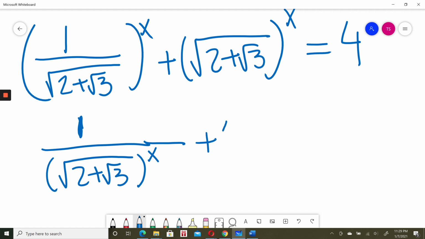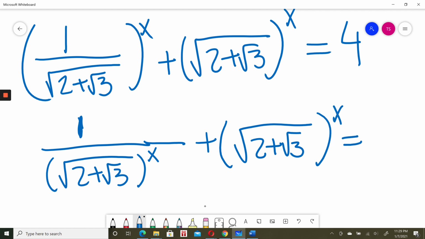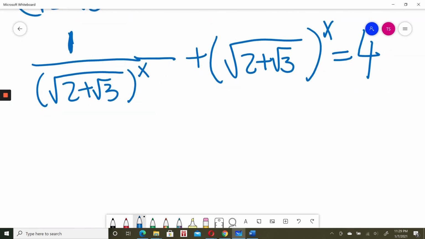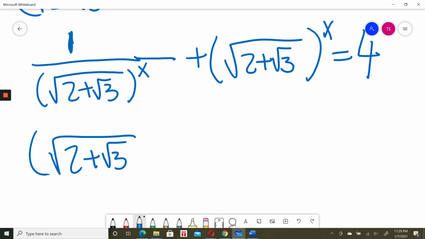Plus, I can copy the rest. Now I can see I have square root of 2 plus square root of 3 to the power of x, so I will make a substitution. I will call it, let's say, t.